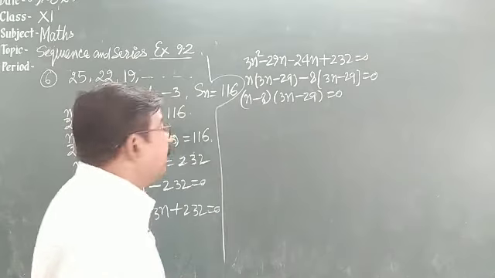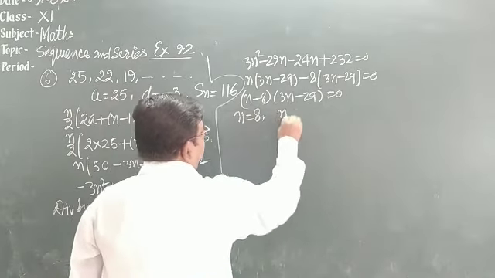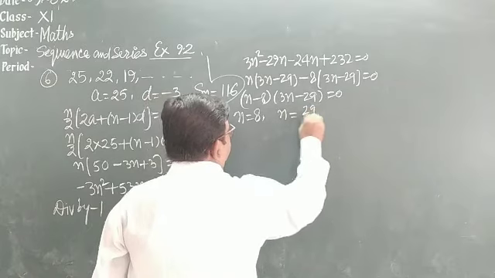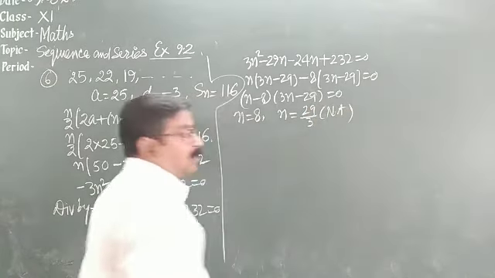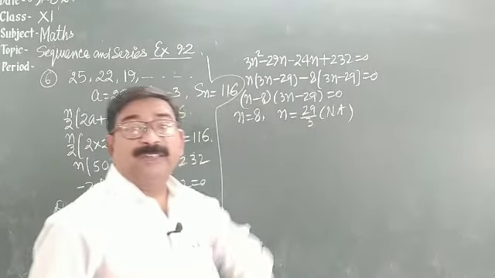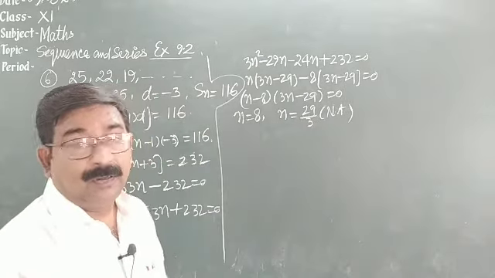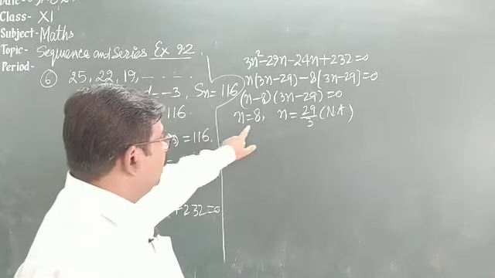So n is equal to 8 and n is equal to 29 by 3, which is not applicable. Why not applicable? Because the value of n is always a natural number, so it will not be valid. So we have got the value of n.